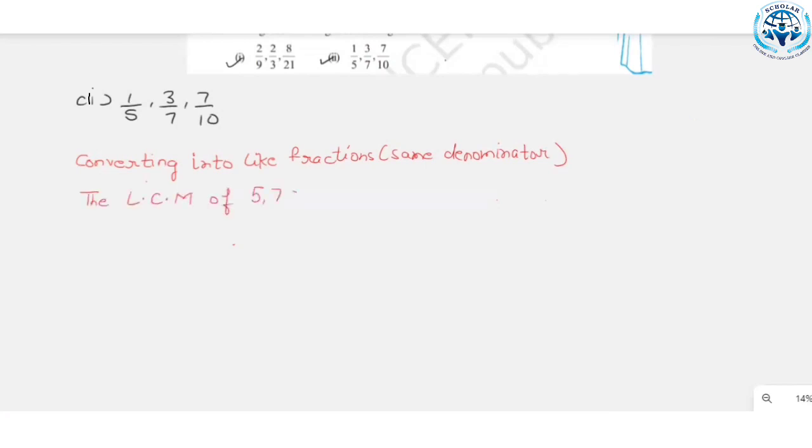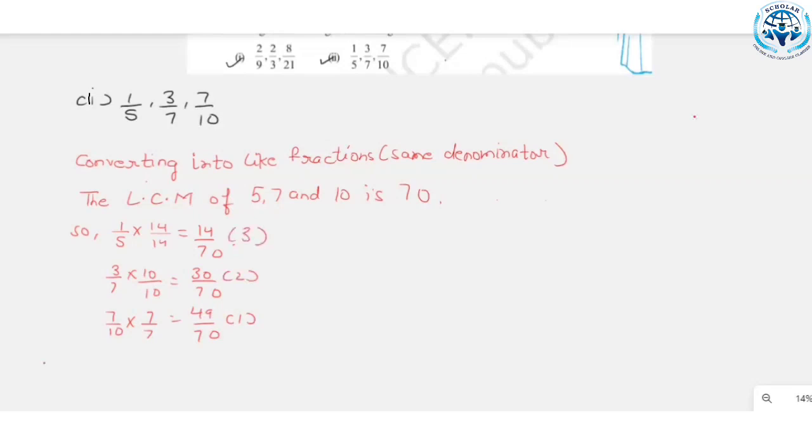Here the LCM of 5, 7 and 10 is 70. We can easily decide the descending order.